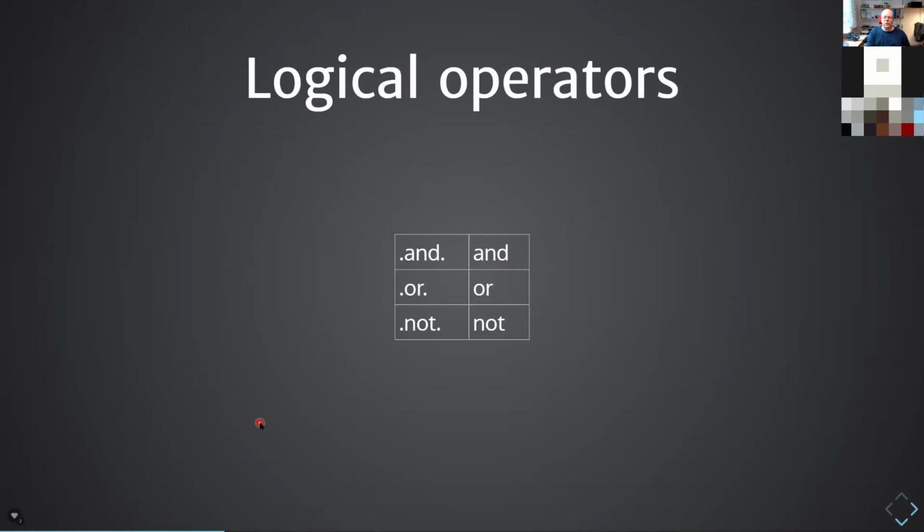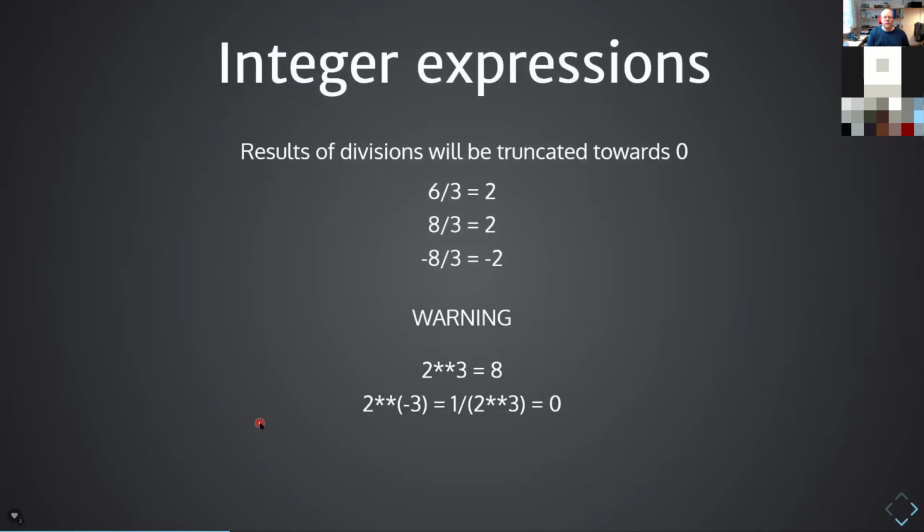Logical operators, you have to use .and., .or., .not., and so on. And if you do integer expressions, divisions will be truncated towards 0. So 6 divided by 3 is 2, 8 divided by 3 is 2, and so on.